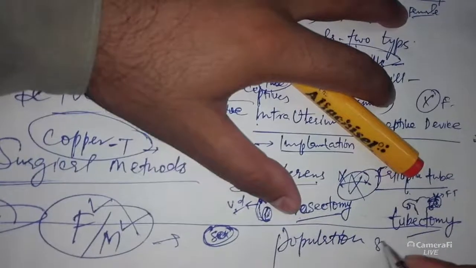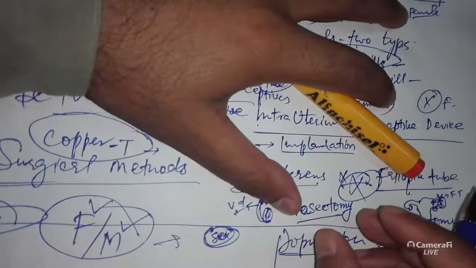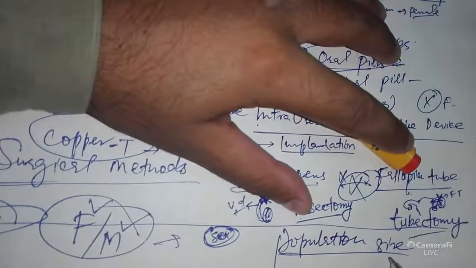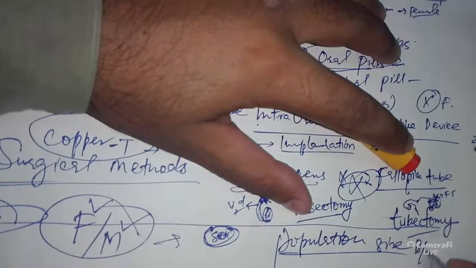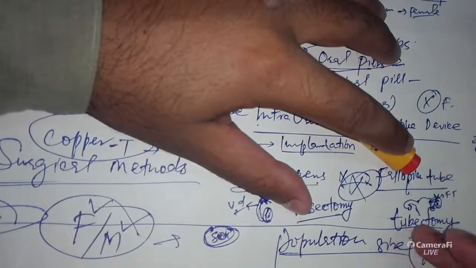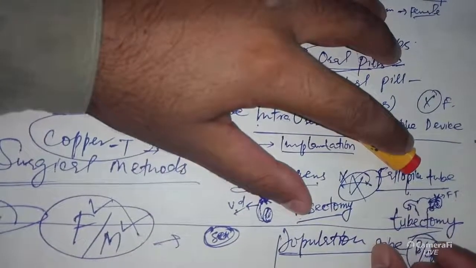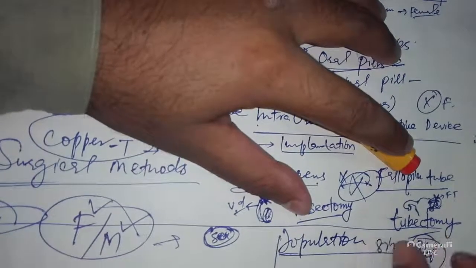Population size means what? As we understand from the term itself, organisms increase in their population with the help of reproduction. The rates of birth and death, how many births and how many deaths there are, determine its size. If there are more deaths, the population will decrease. If there are more births and the death rate is less, the population will increase.